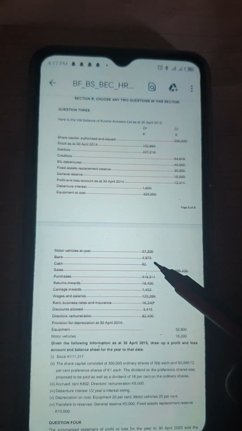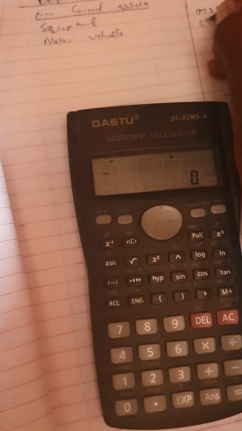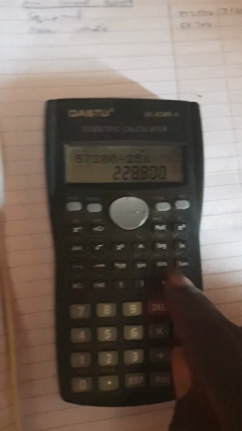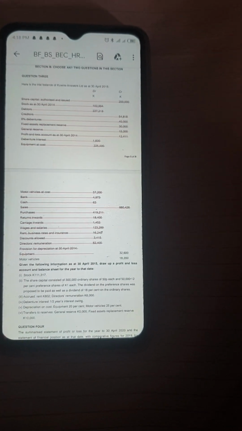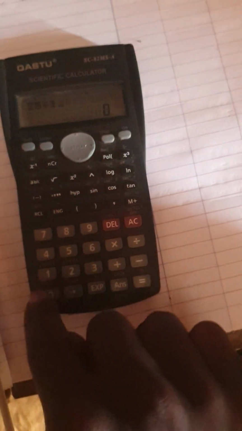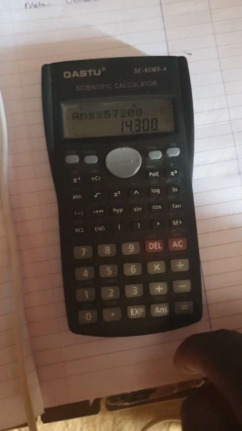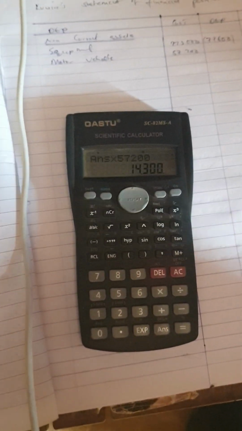Okay, then motor vehicle, we know that the value for motor vehicle is 57,200. The depreciation was 25%, so 25 divided by 100 times 57,200, we have 14,300 as our depreciation.